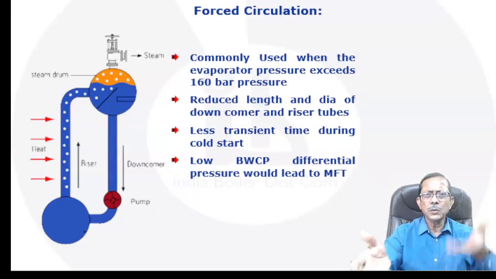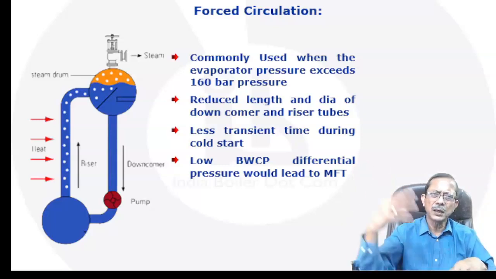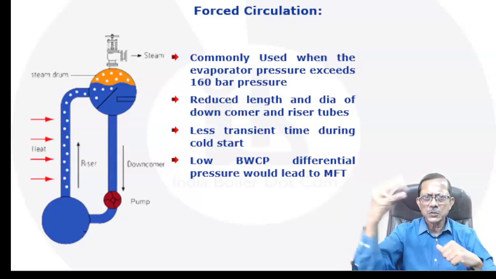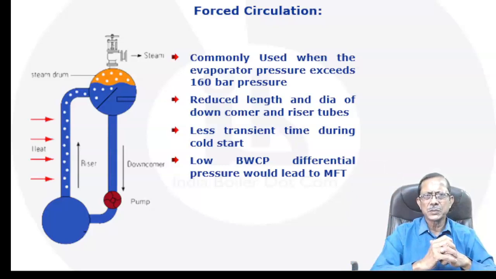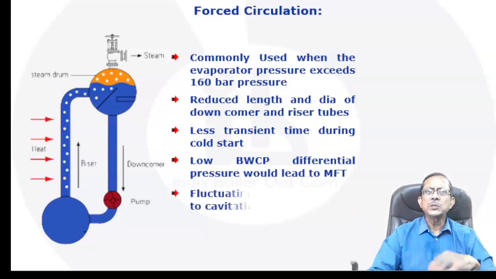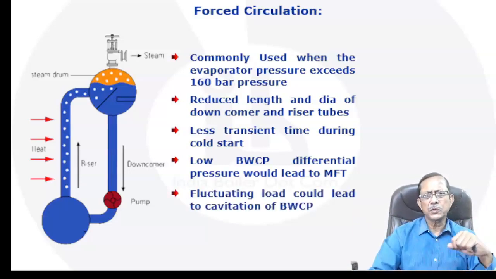So along with the load, the pressure also goes down. So the turbine valve remains almost fully open in such cases. So when the load goes down, the pressure also goes down. When there is a sudden pressure drop, there is a possibility of cavitation of the pump, right?